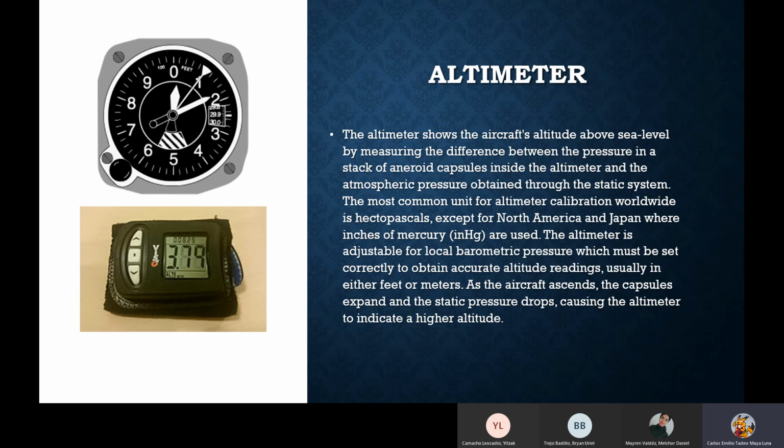The altimeter is adjustable for local barometric pressure, which must be set correctly to obtain accurate altitude readings, usually in either feet or meters. As the aircraft ascends, the capsules expand and the static pressure drops, causing the altimeter to indicate a higher altitude.